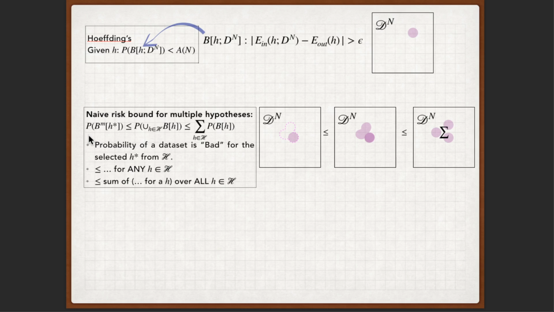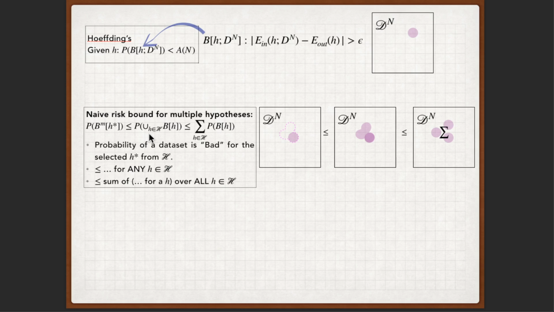So if we want to discuss the probability of a bad event happening, the bad event means the given training data set happens to be a bad set for our learning procedure. This bad event happens for the learning procedure. We had better discuss that using simpler terms.